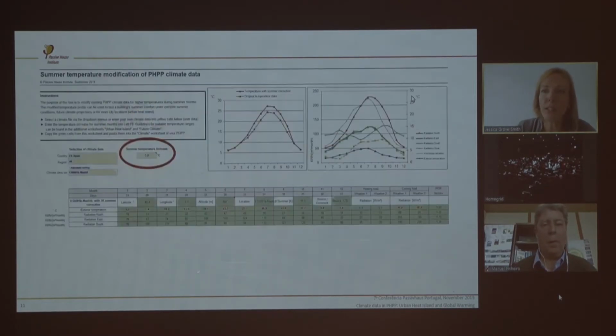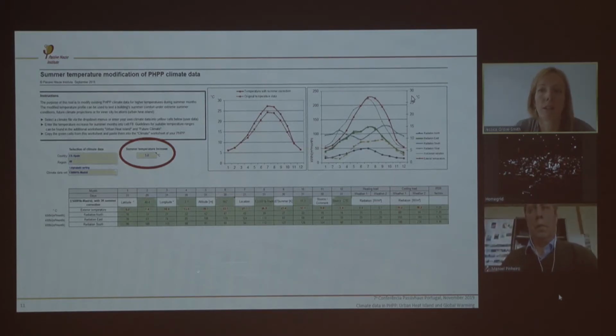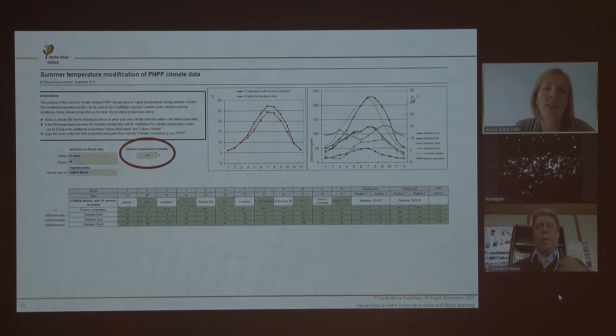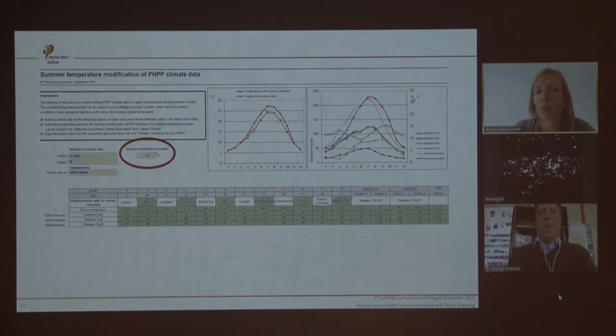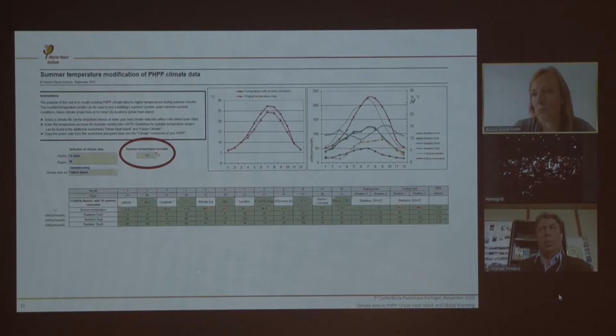So what we did earlier this year is we released an Excel file which has the entire database of PHPP climate data integrated. You can select your climate file and say, I am assuming a summer temperature increase of a certain amount of degrees.